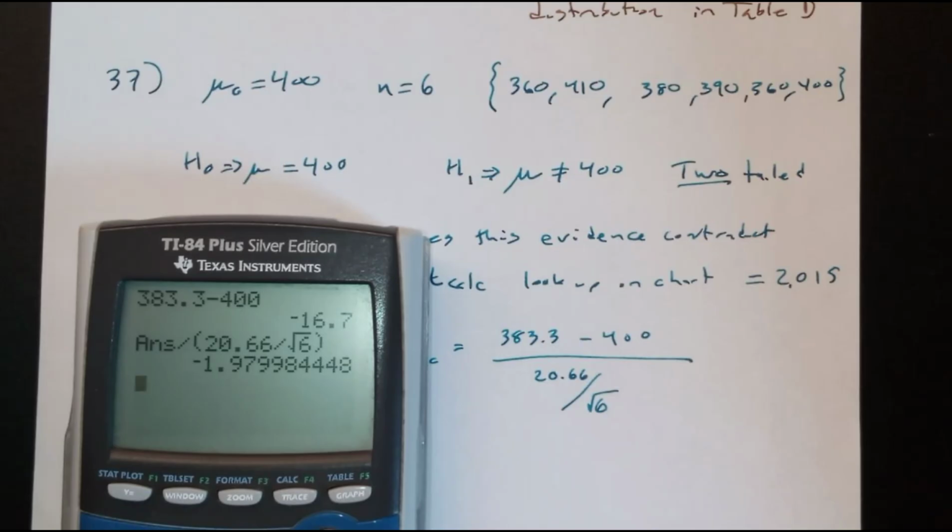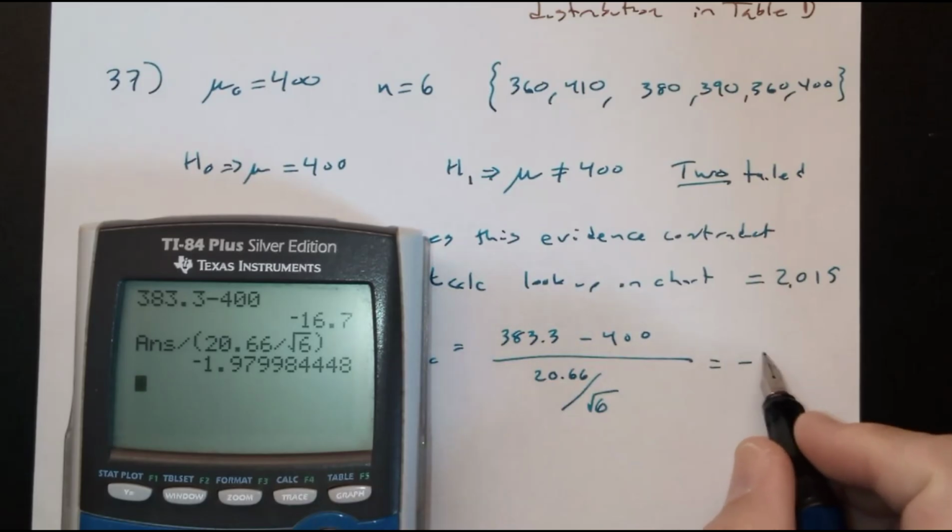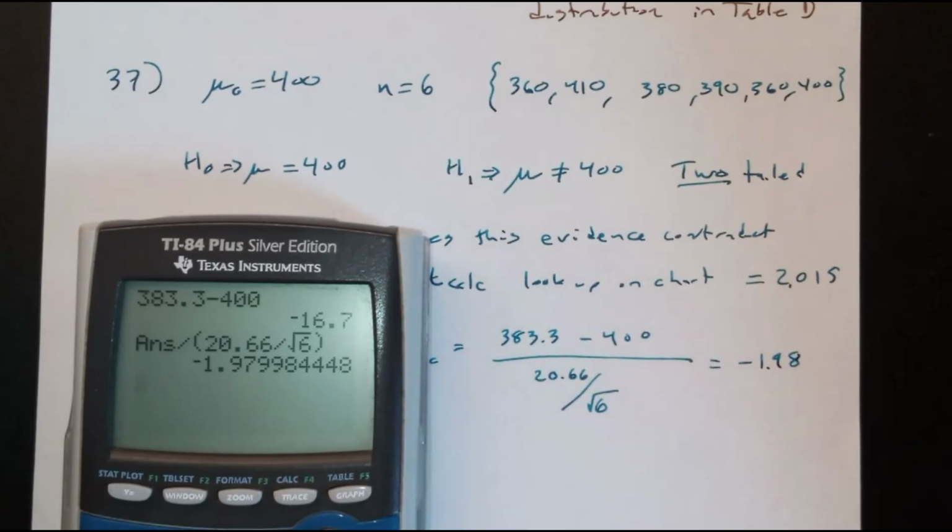I'm going to go ahead and call that negative 1.98. So I've calculated my statistic. I have a critical value to compare it to. Do I accept or reject the null hypothesis?